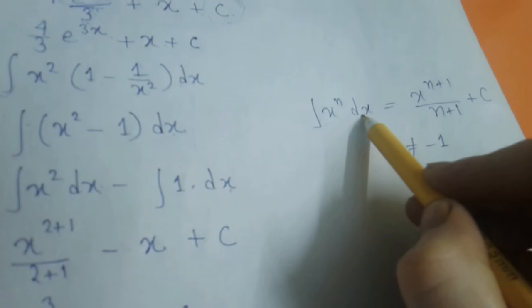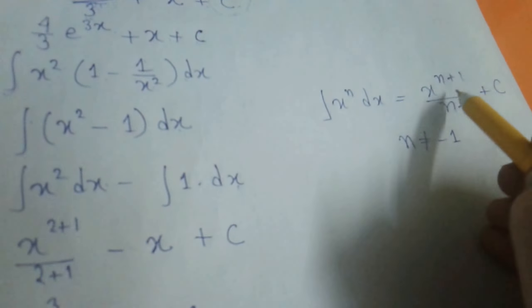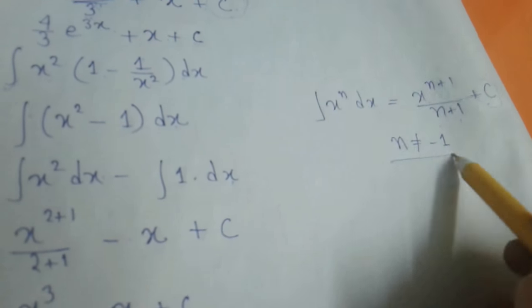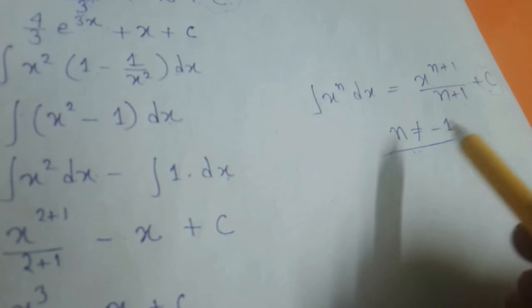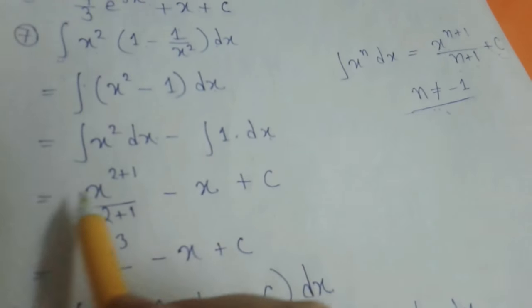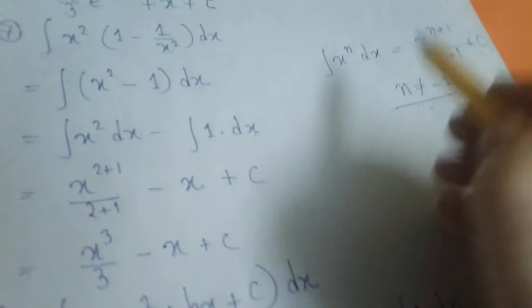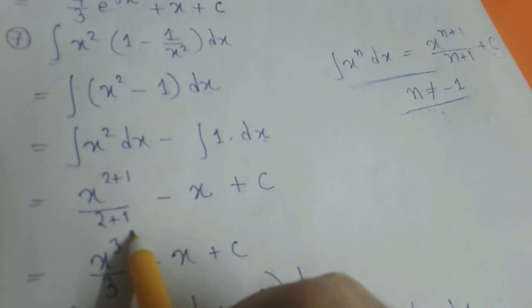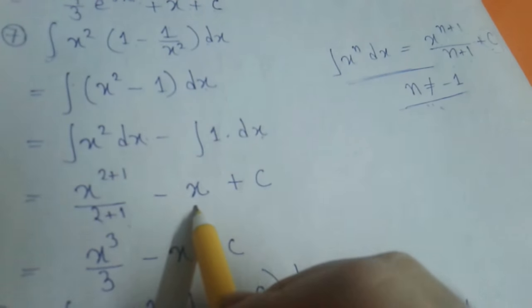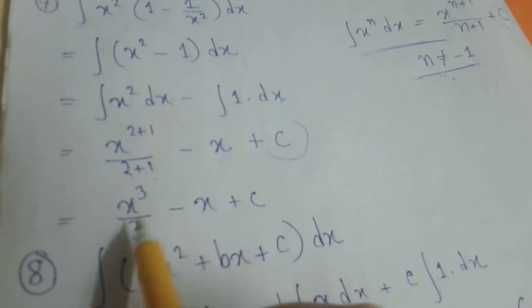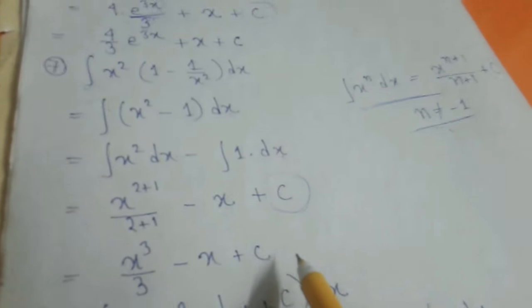Integration of x to the power n dx equals x to the power n plus 1 divided by n plus 1 plus c, constant of integration, where n not equals to minus 1. If n equals to minus 1 then this is undefined. Using this formula, x to the power 2 plus 1 divided by 2 plus 1, minus integration of 1 is x, plus c constant. That is x cube by 3 minus x plus c.